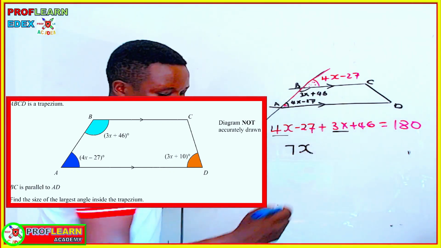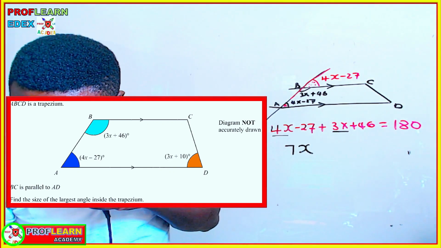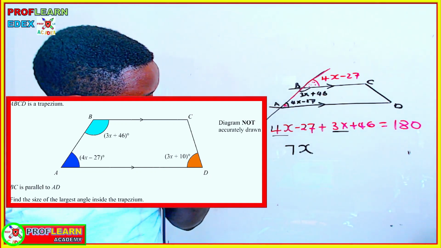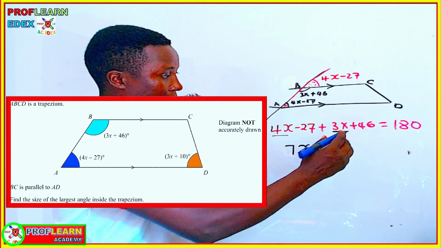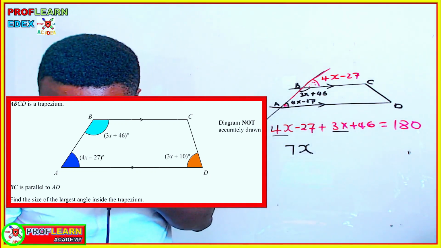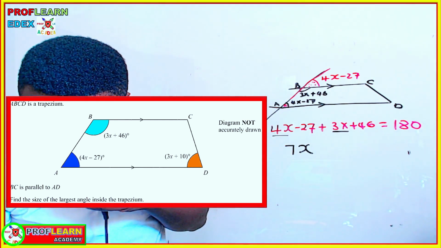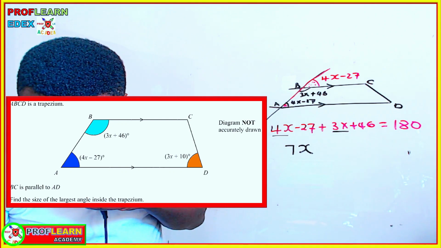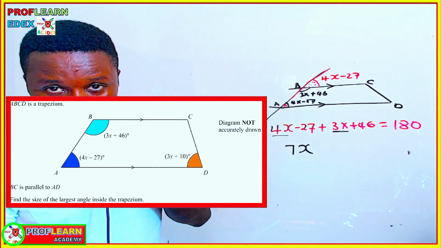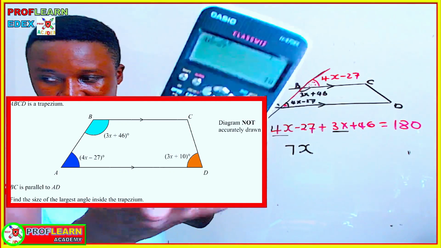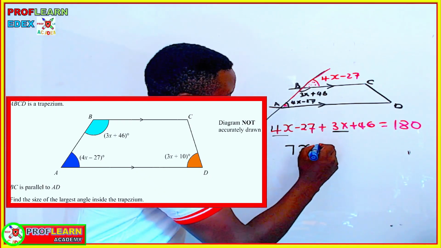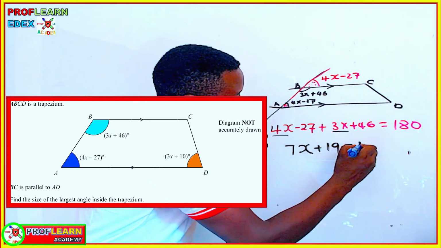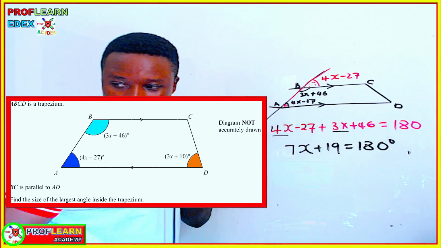We don't want to make any mistake here. 46 minus 27 gives us 19. So this is 7x plus 19 equals 180 degrees.